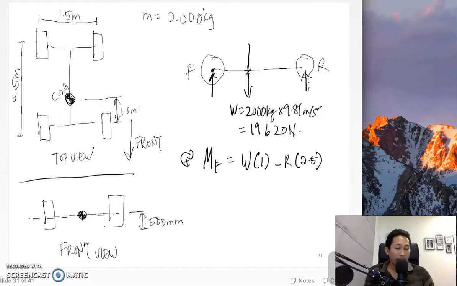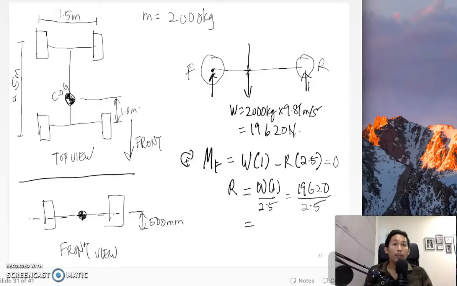For equilibrium, the moment becomes 0. So from the equation we can find that R is equal to W times 1 over 2.5, equals 19620 over 2.5, and R is equal to 7848 Newton.